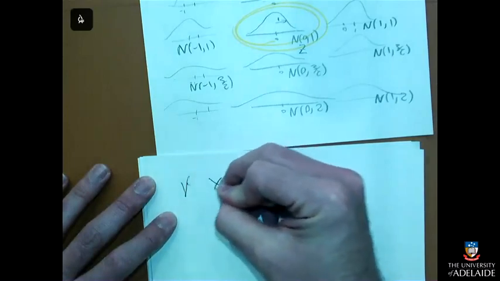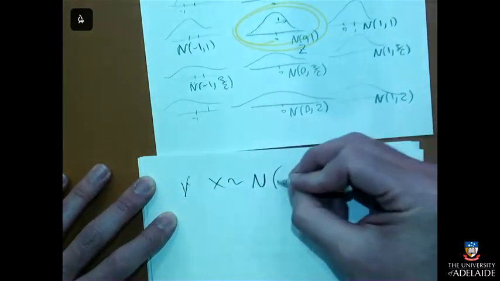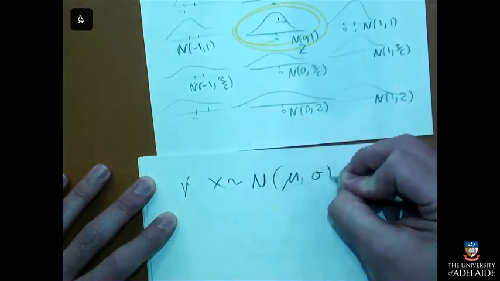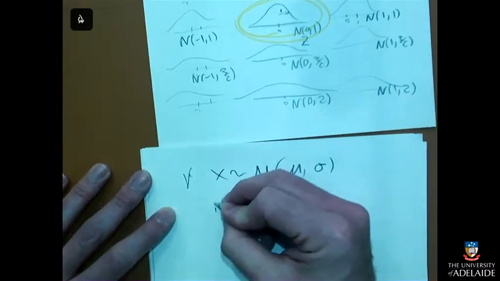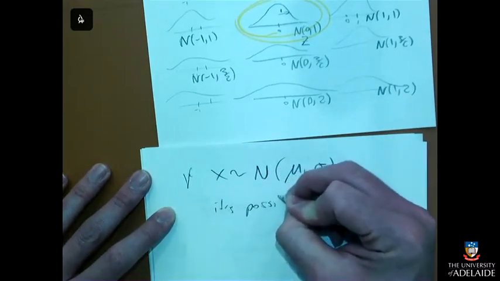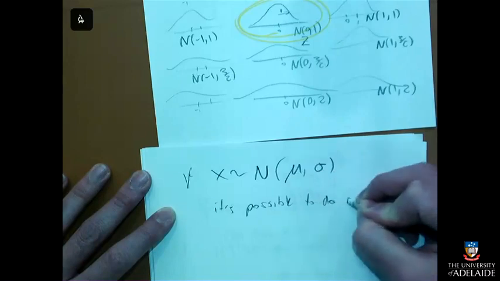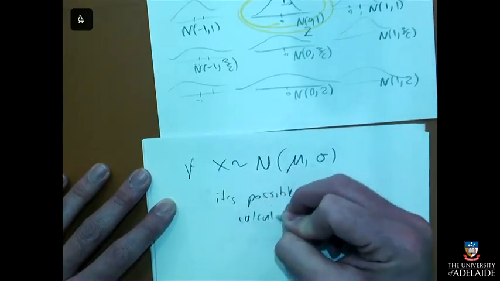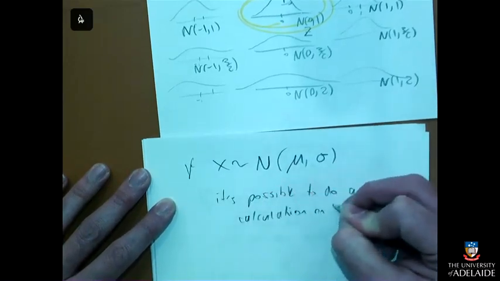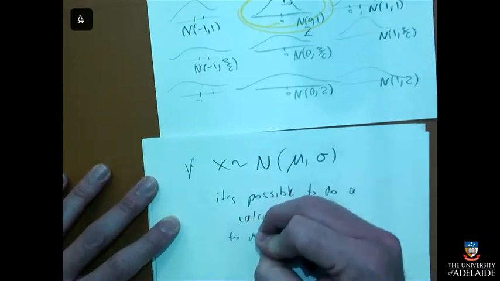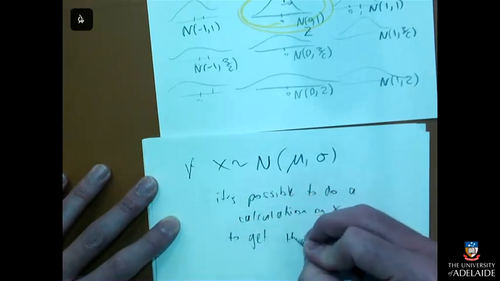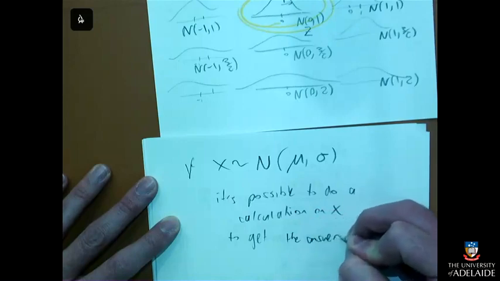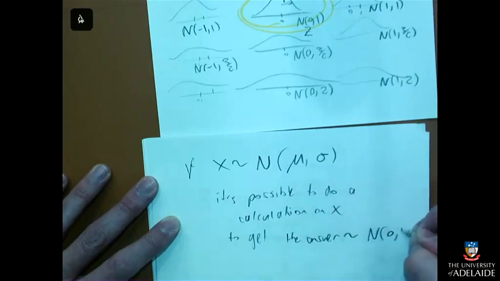So if X is distributed according to a normal distribution with mean mu and standard deviation sigma, it's possible to do a calculation on X to get the answer to be distributed according to this.